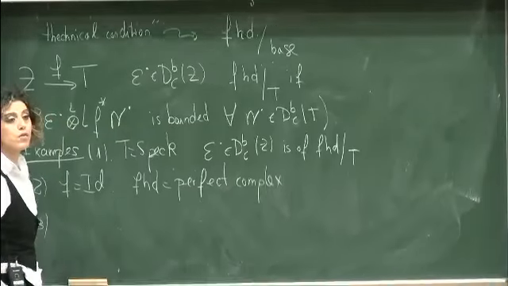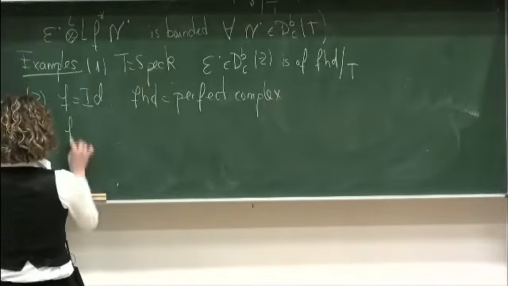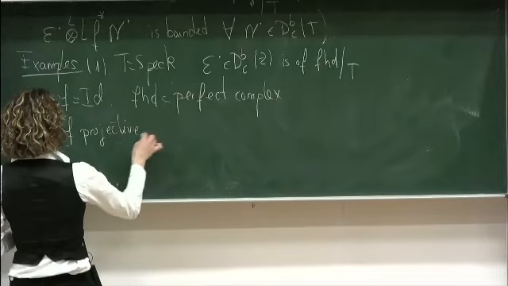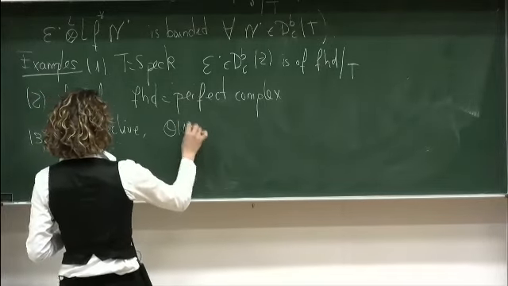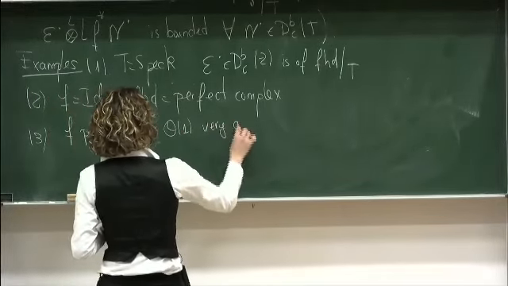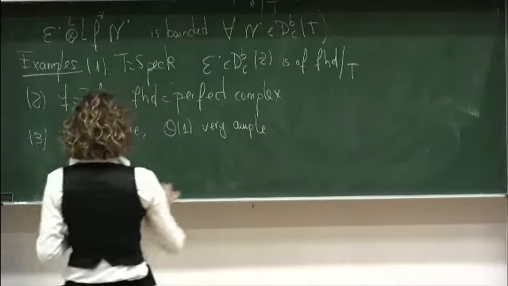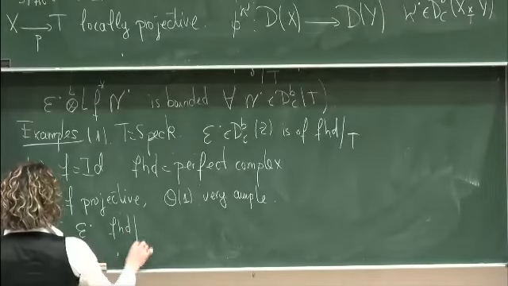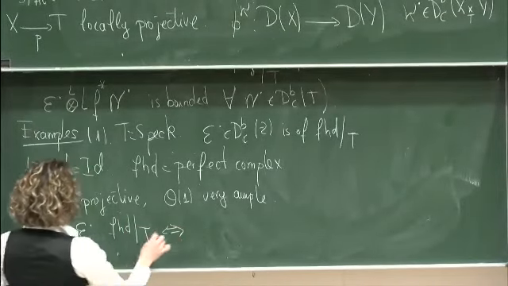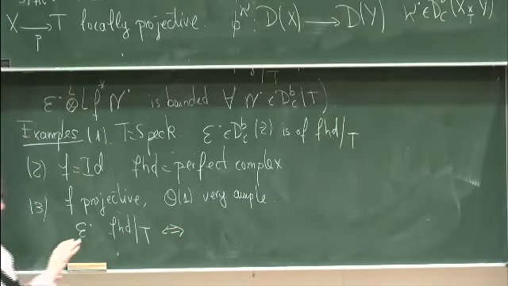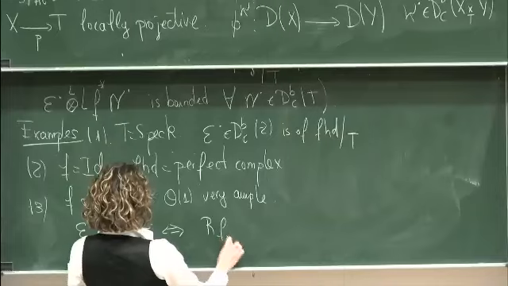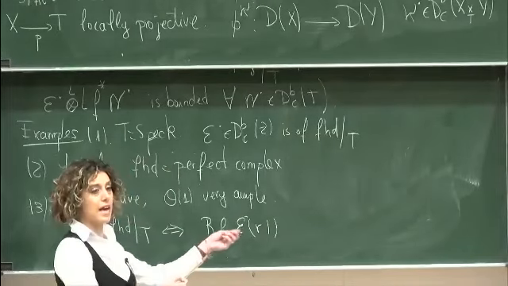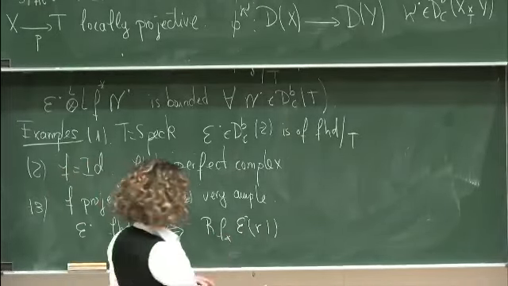For instance, if the morphism f is projective, and you have a very ample divisor, this is to say it is of finite homological dimension over the base if and only if not just the push forward of it, but the push forward of it tensored by any integer power, is perfect.